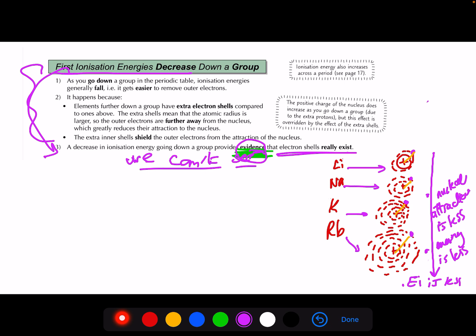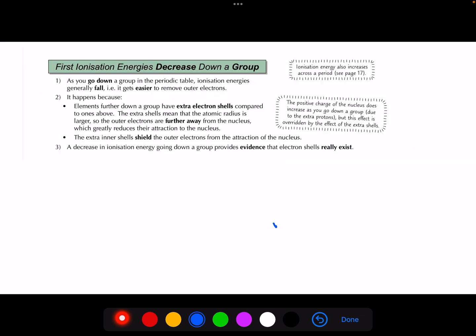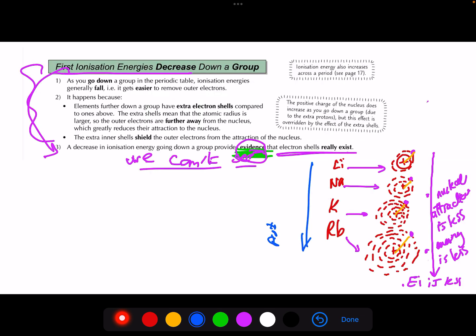One last thing I want to highlight in this point. I hear someone asking, but as I'm going down the group, the proton number increases, right? We know this. The proton number increases, meaning that the nuclear charge increases as well.